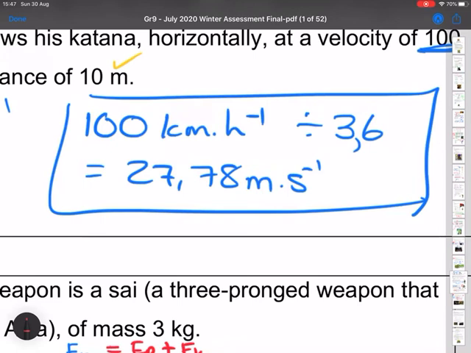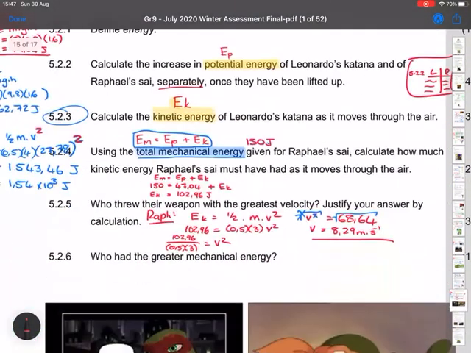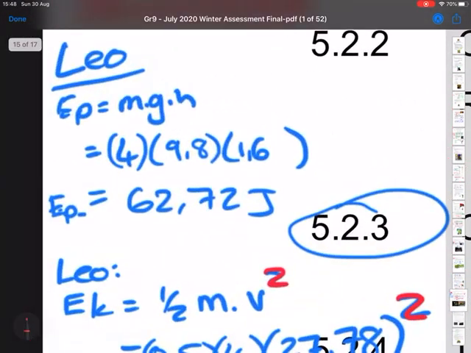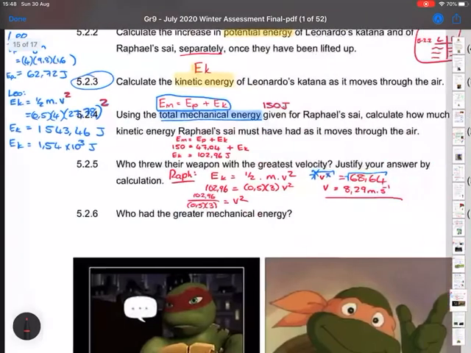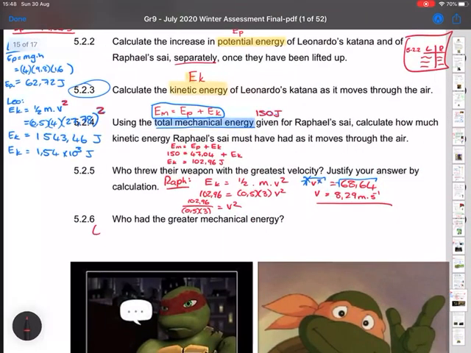27.78. So now the last question asks, who had the greater mechanical energy? So mechanical energy, remember, is both. So this was his velocity. Leonardo's mechanical energy, you'd have to add 62.72, which was his potential. So there's Leonardo's potential, 62.72. Let's do Leonardo in blue.